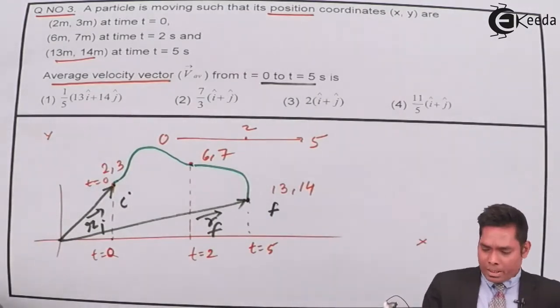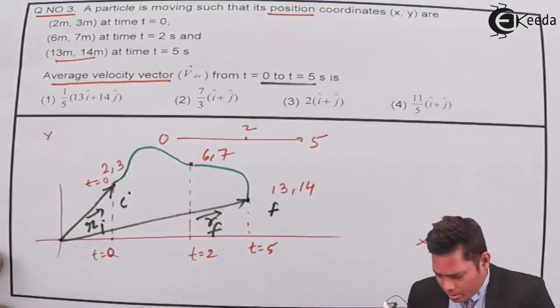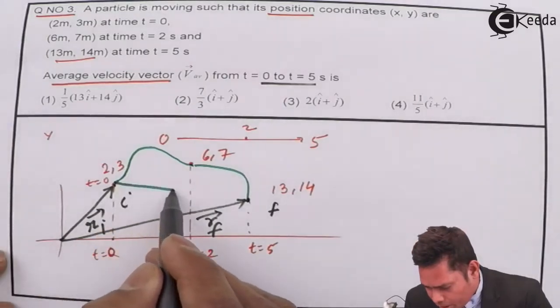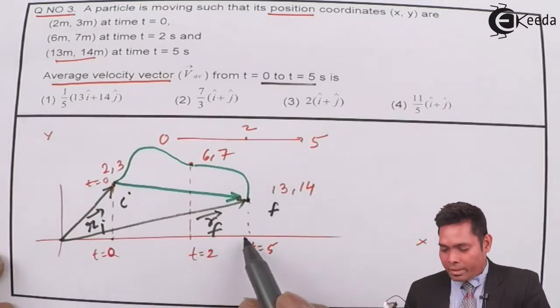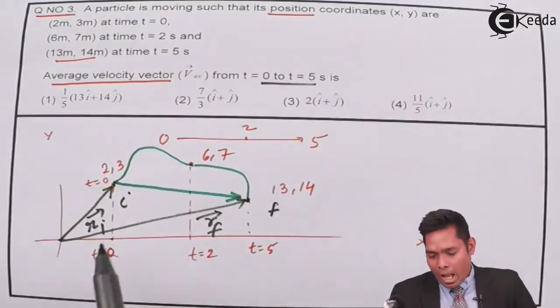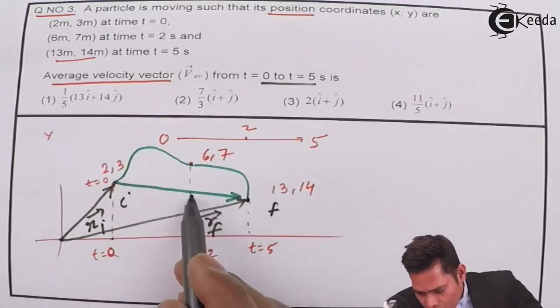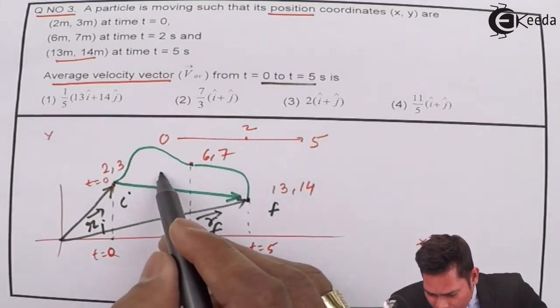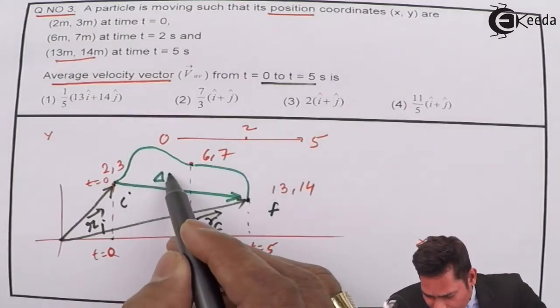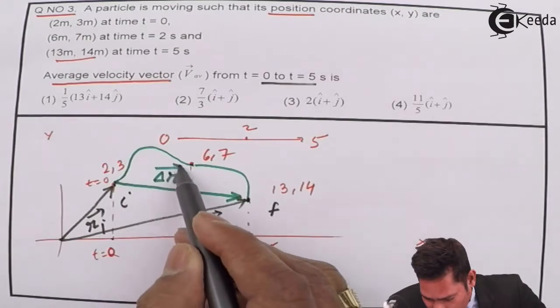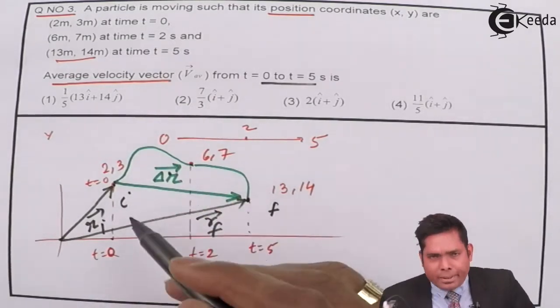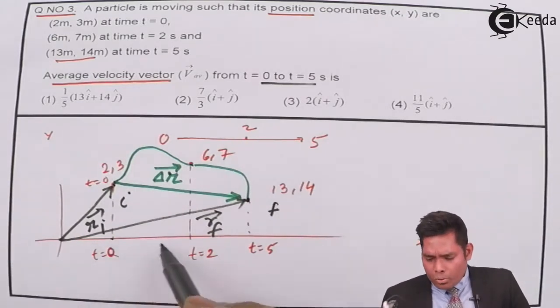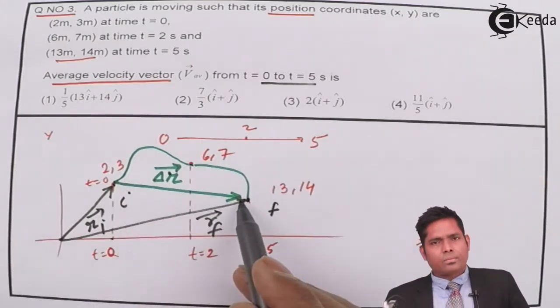What is the displacement? Obviously this is the displacement that occurs from 0 to 5 seconds. I am interested in this. This vector is the displacement vector, say delta r vector. This is the total displacement in time 0 to 5 seconds.